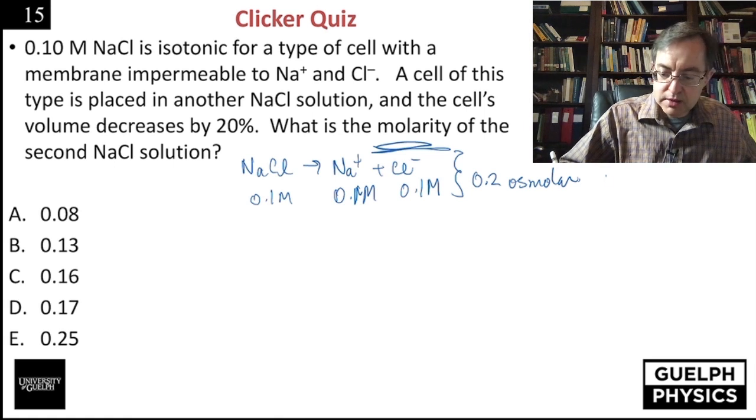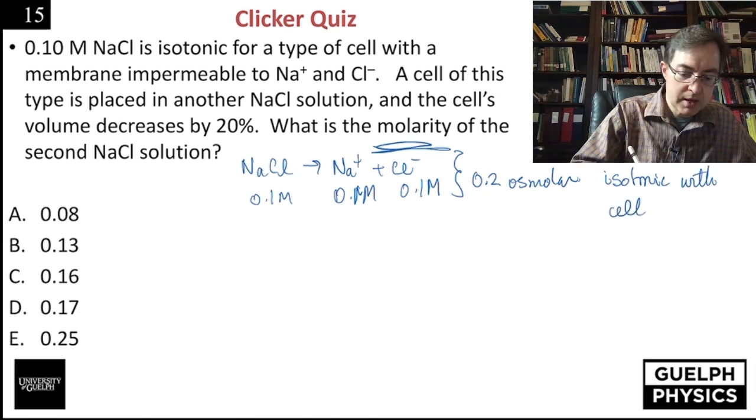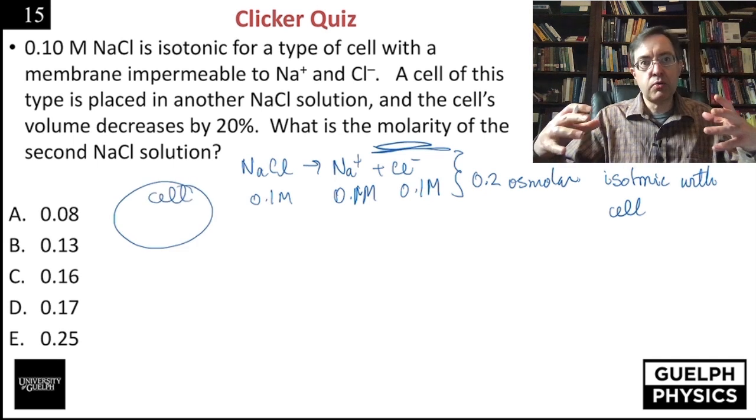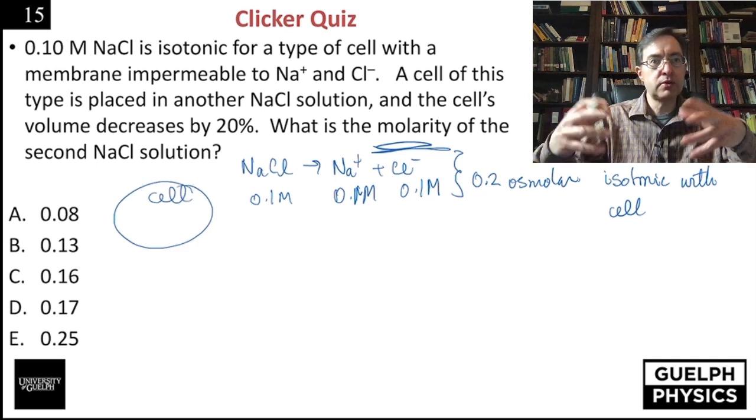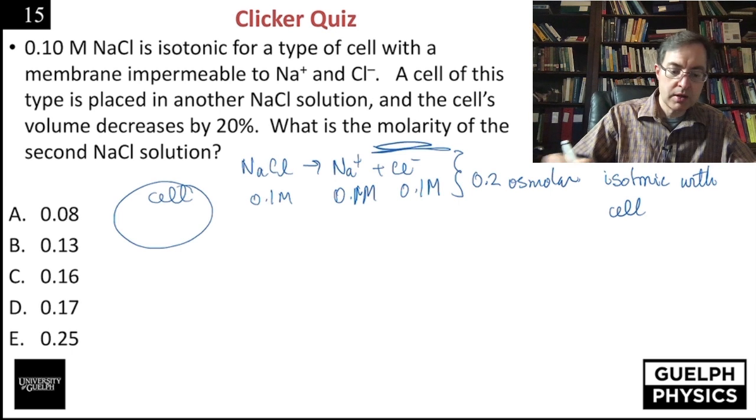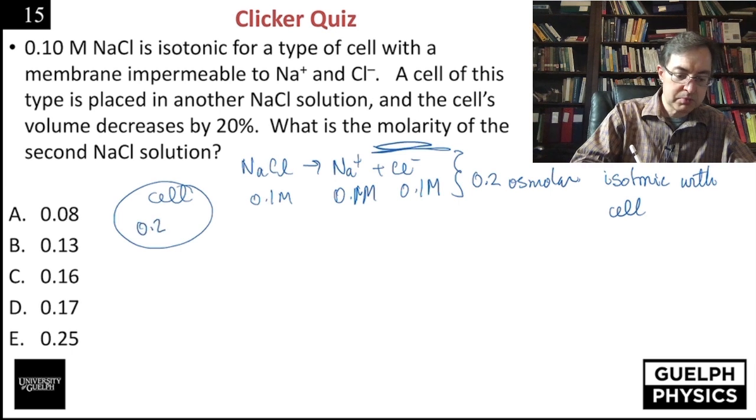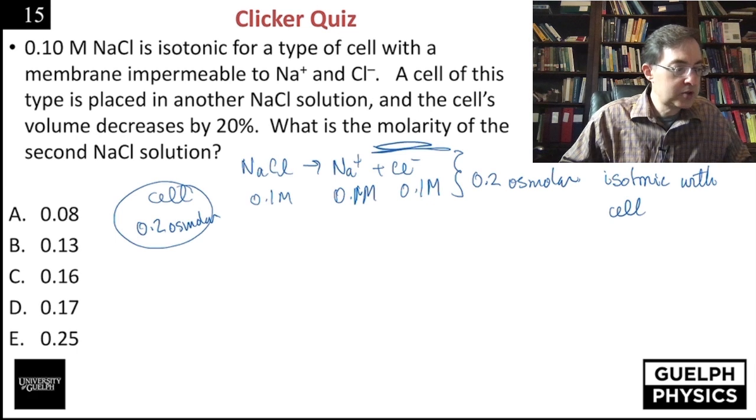And this type of solution is isotonic with the contents of the cell. So what that means is that if I draw my cell here, it will not grow or shrink if I put it into this sodium chloride solution. So therefore, its contents must be 0.2 osmolar as well, okay?